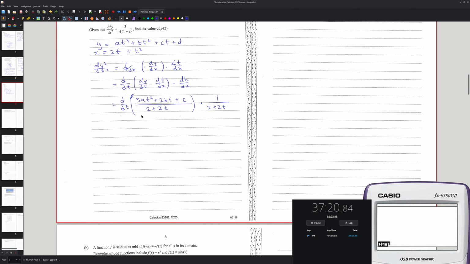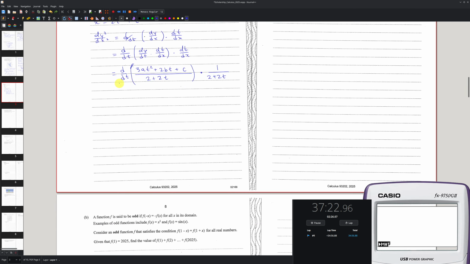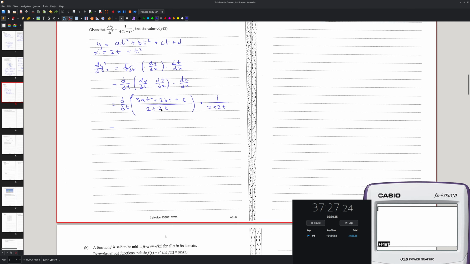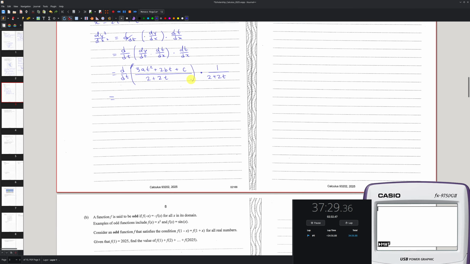Okay, this don't look so bad. So we just do quotient rule, right? And then what do we get? We get 2 plus 2t squared. So what's quotient rule? G times f prime.